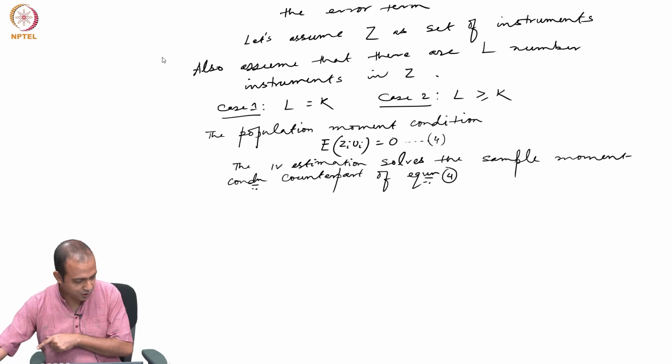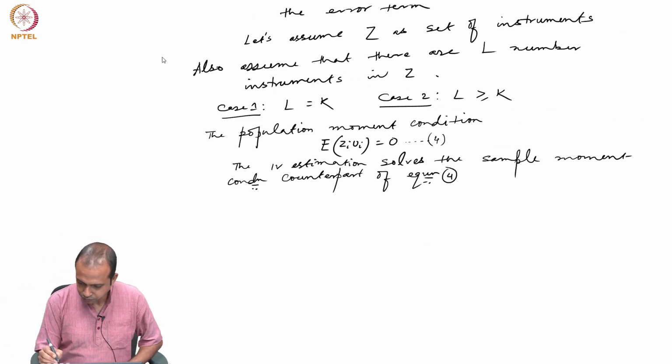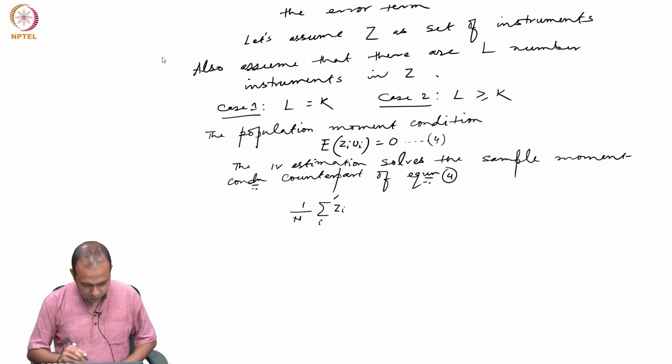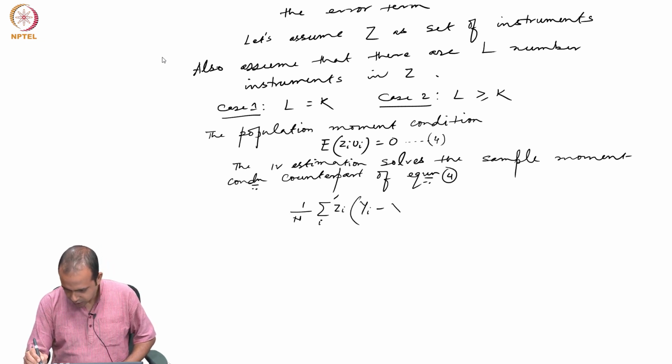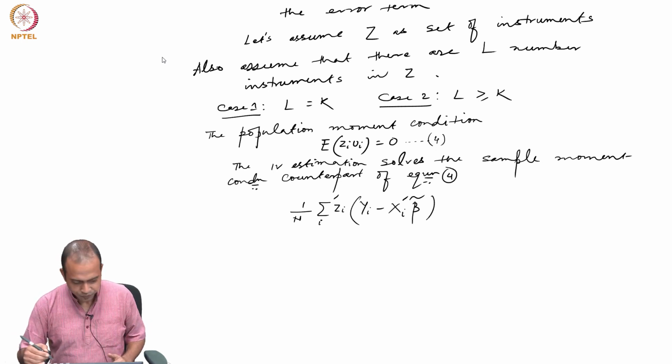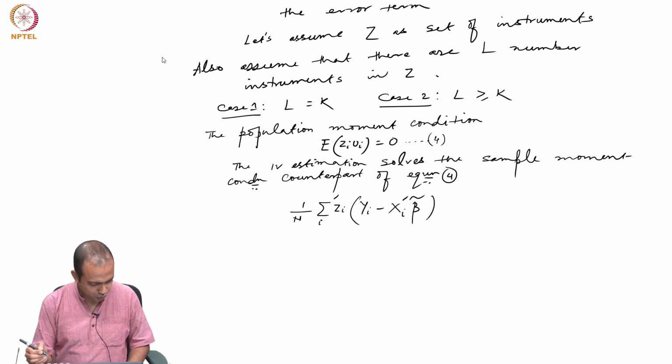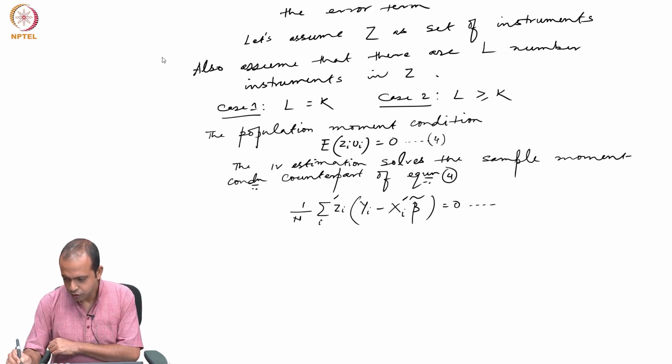Same thing we will do here: 1 by n summation zi prime into yi minus xi into beta tilde, where beta tilde is basically the IV estimates, that equals 0. Let us say this is equation 5.